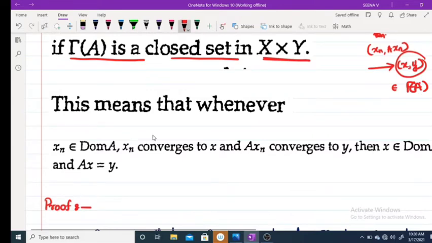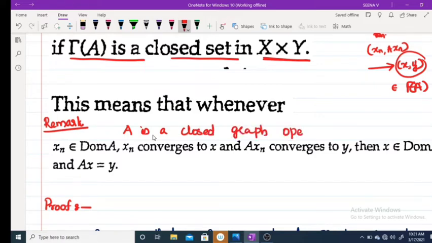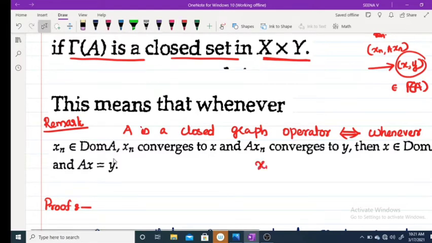There is another remark. A is a closed graph operator if and only if whenever xn belongs to the domain of A, xn converges to x, Axn converges to y, then x belongs to the domain of A and Ax must be equal to y.